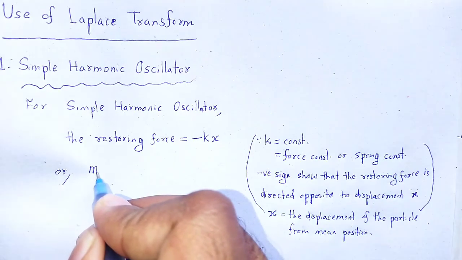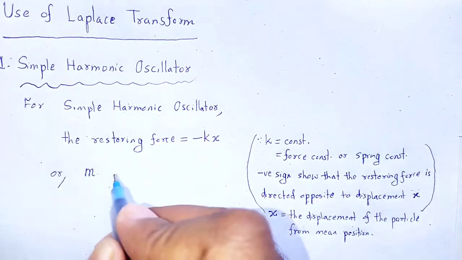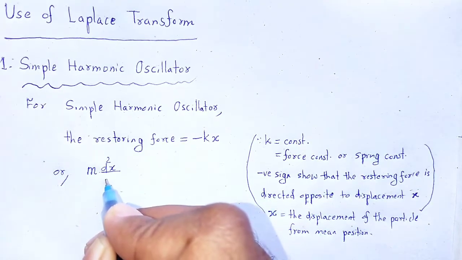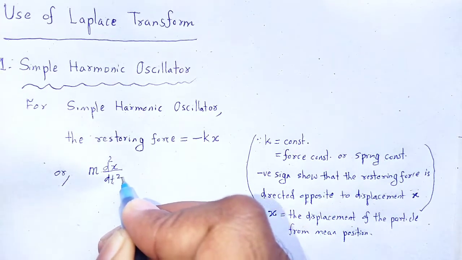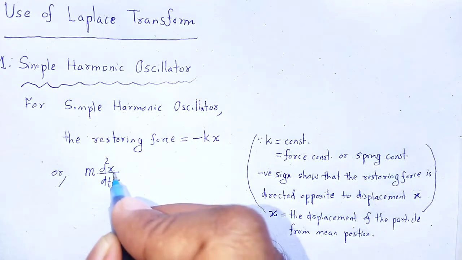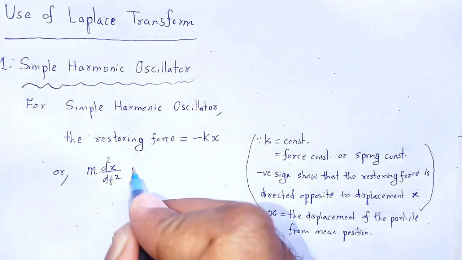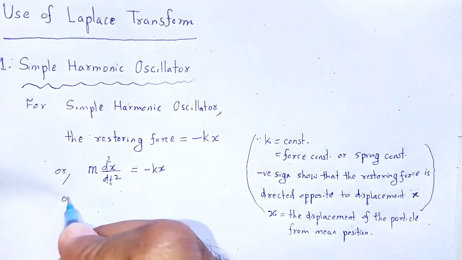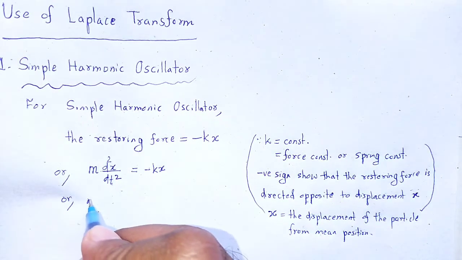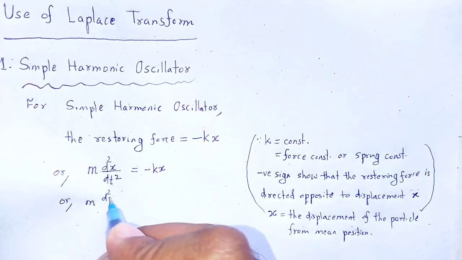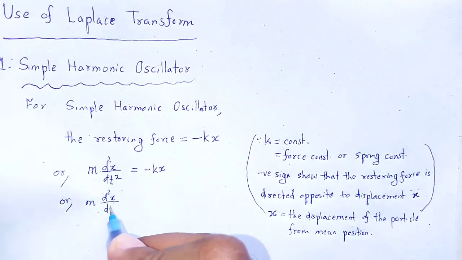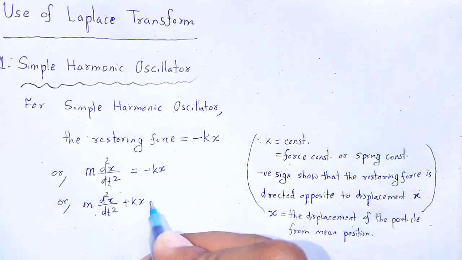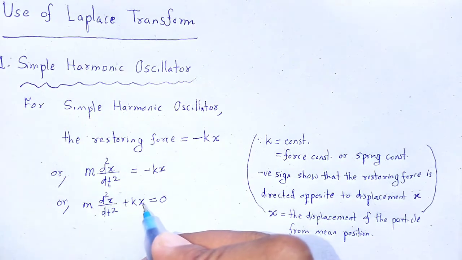Mass of the particle, let small m, acceleration d square x by dt square, second order differentiation of the displacement, is equal to minus kx, or m d square x by dt square plus kx is equal to 0.